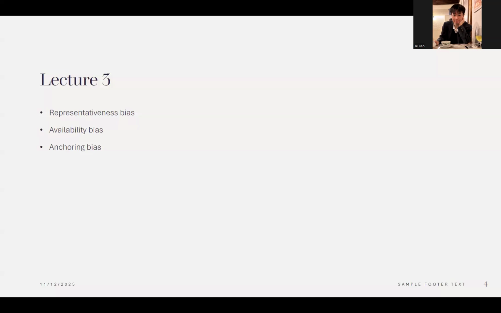And then availability bias. Availability bias is when you tend to form your impression or perception of something based on more easily available information, the most salient examples.